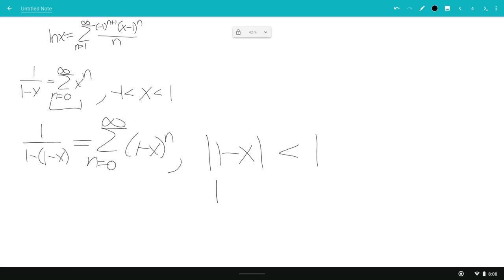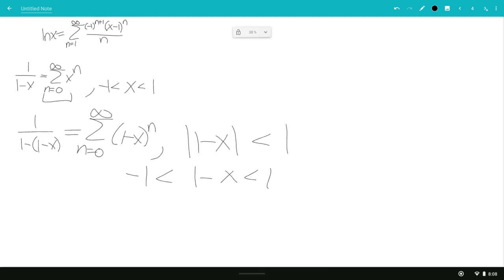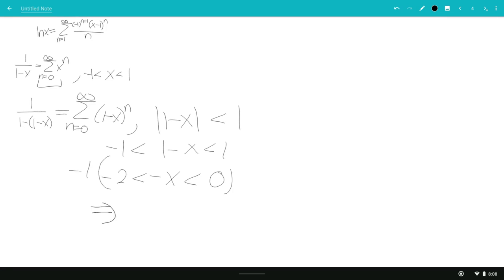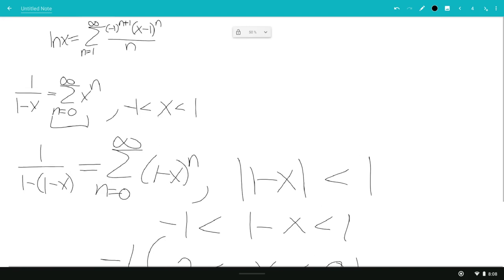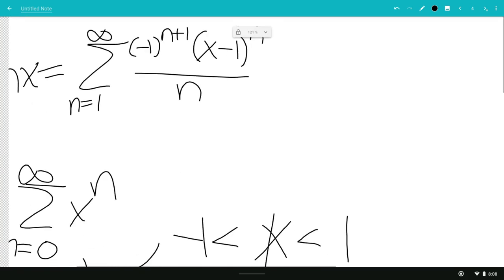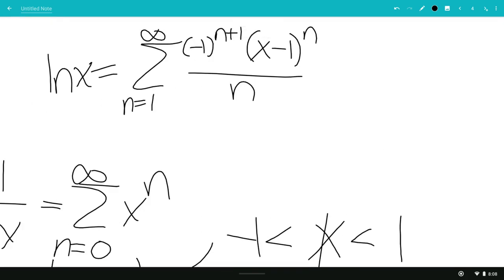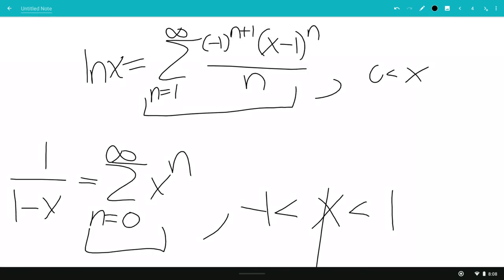So this would be 1 minus x is less than 1 and greater than negative 1. So then minus 1 on both sides, you get negative 2 less than negative x is less than 0. Multiply by negative 1, which switches the order, so it will be 0 is less than x is less than 2. So we have that natural log of x is this sum on the right-hand side only when x is between 0 and 2.